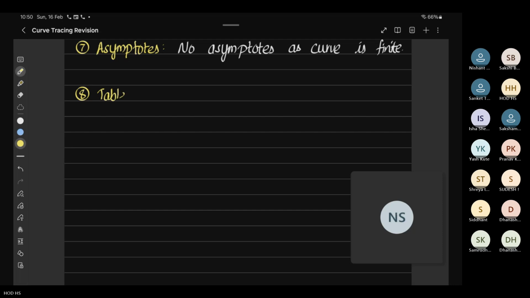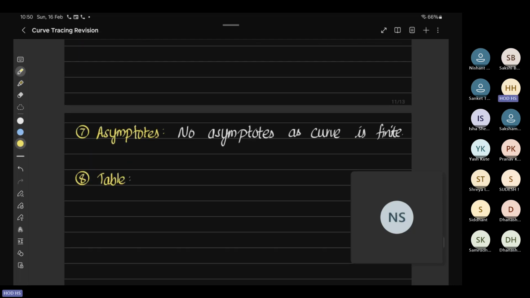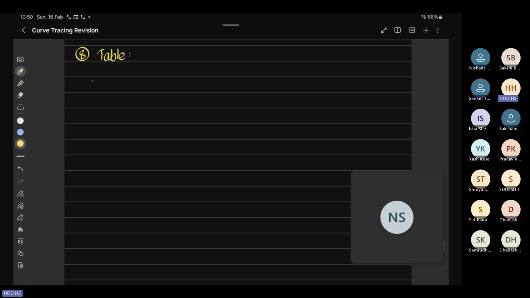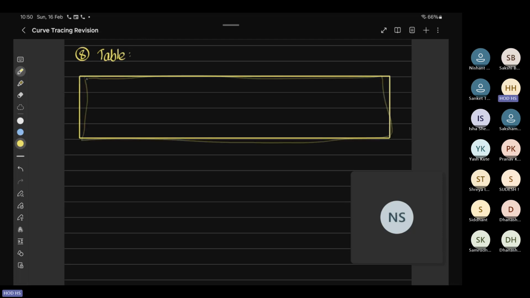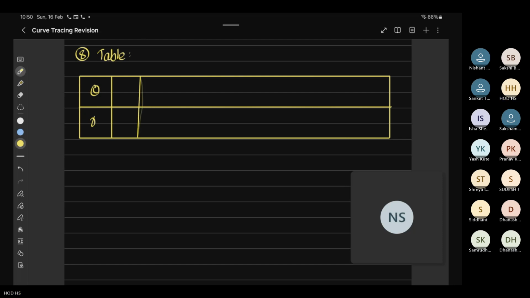Some tabular values we have already said. We need to discuss the values in the first quadrant only. So I will draw the values of theta and r in first quadrant. So I will plot some regular values along with some unregular values also.